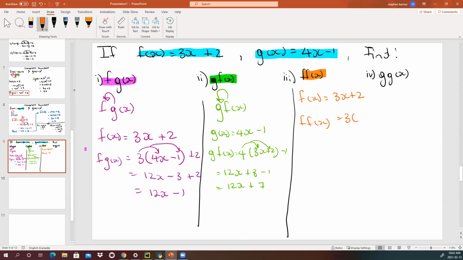So it's going to be 3 times 3x plus 2, plus 2. 3 times 3x is 9x. 3 times positive 2 is positive 6, and then plus 2. So you have 9x plus 8. Good?